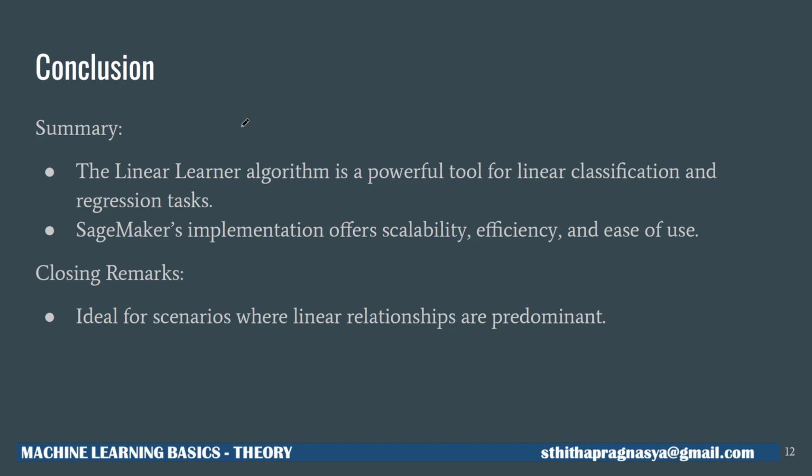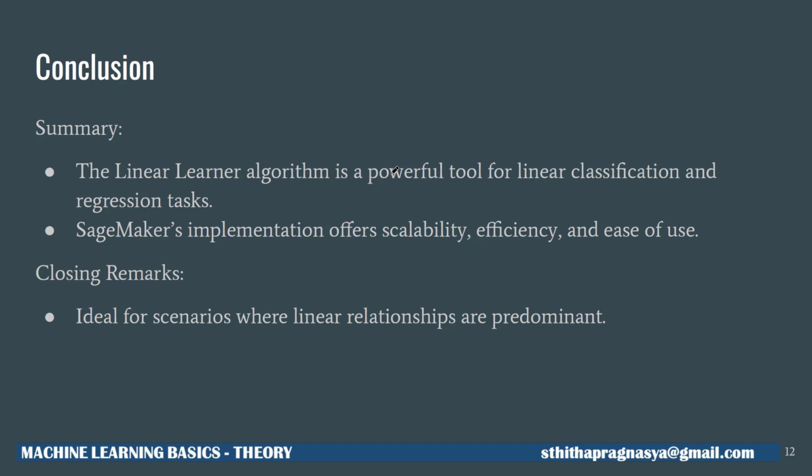All right, the conclusion. What is the conclusion? In the context of house price prediction or in general, the linear learner algorithm provides a straightforward and interpretable method to predict based on various features.